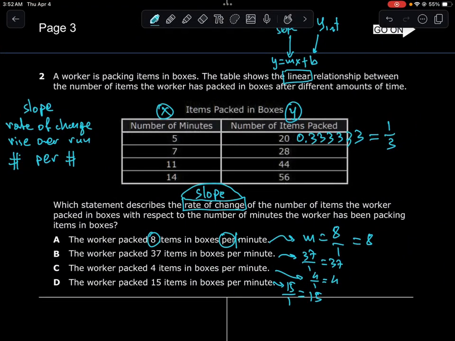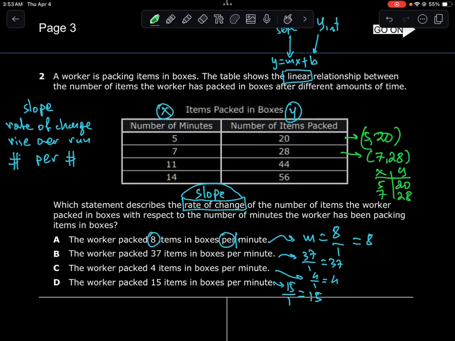So here I'm just going to choose the points with the smaller numbers, just to not have to type too much and to not have to go too far away from the origin. The first is going to give me the point 5,20, and the second is going to give me the point 7,28. They're both good points. In other words, if I have an X and Y chart, I would have 5 going with 20 and 7 with 28.